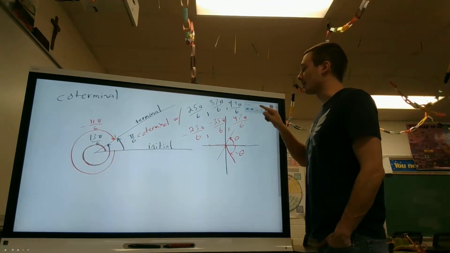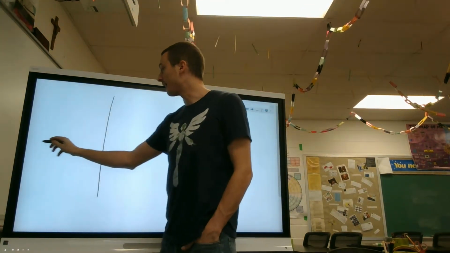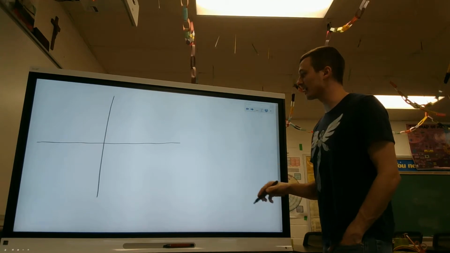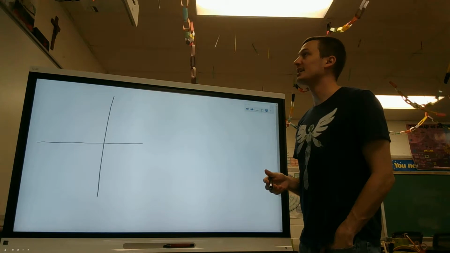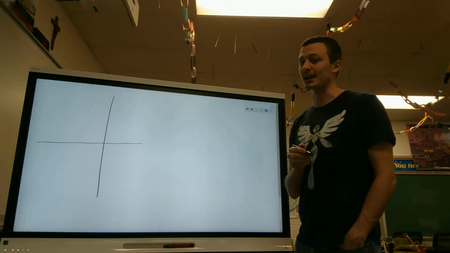Another thing that I want to talk about, you might not, but I do, are reference angles. And a reference angle is the smallest angle that shares a terminal side and the x-axis.